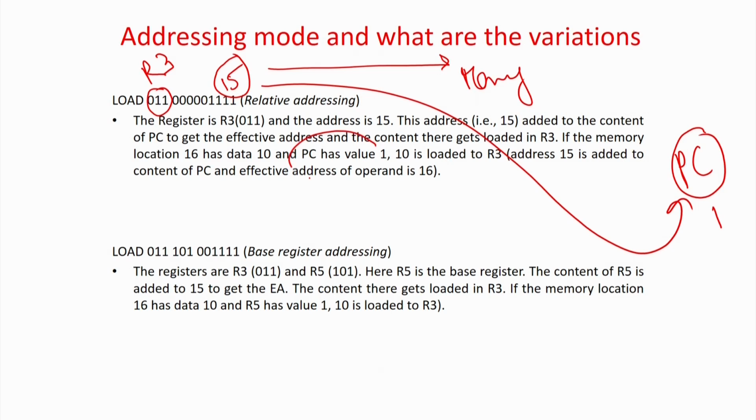They are assuming that address 16 has the value 10. So, the program counter was 1, the explicit address was 15, we add them and load the value 10, that is the operand, into register R3.